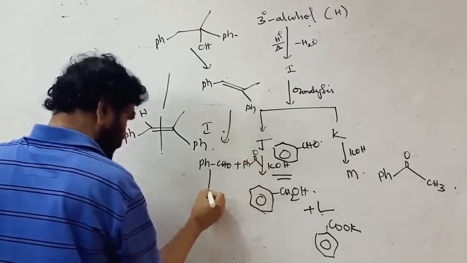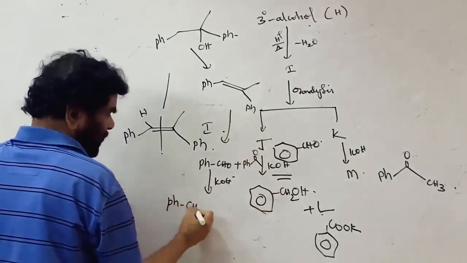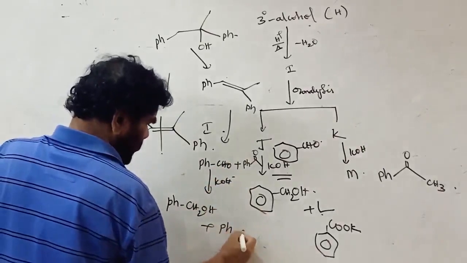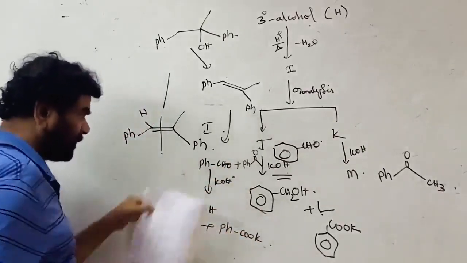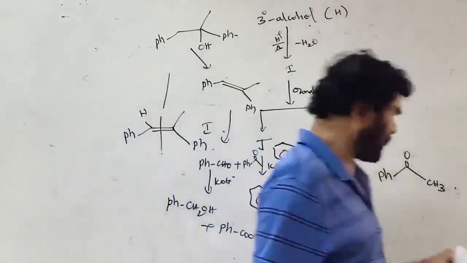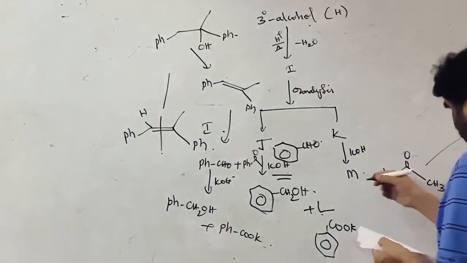This is the benzophenone. With KOH, that is PhCH2OH plus PhCOOK. This on treatment with base, Cannizzaro reaction takes place, and this on treatment with KOH gives only one product.